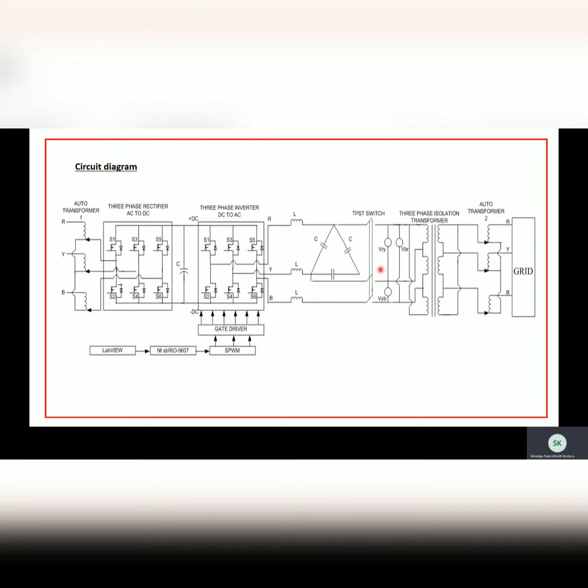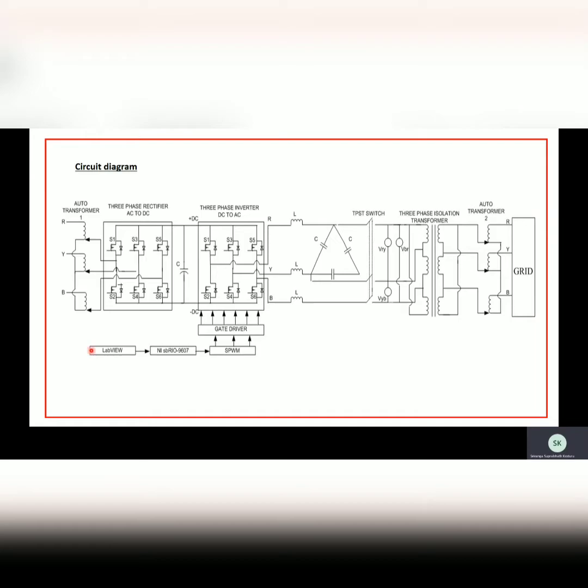The main reason to place the voltage sensors on the grid side is to take the line voltage values from the grid side and use them for the generation of pulses. The line voltage and the inverter output should have the same phase, and the phase matching takes place with the help of the LabVIEW program.